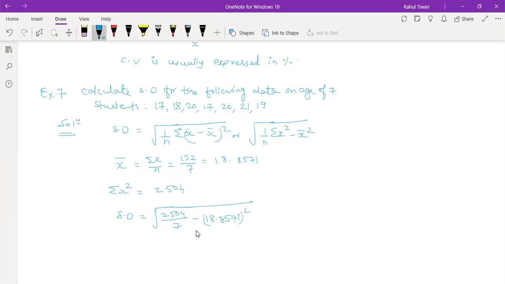If you calculate that value, it's going to be 1.4574 unit.